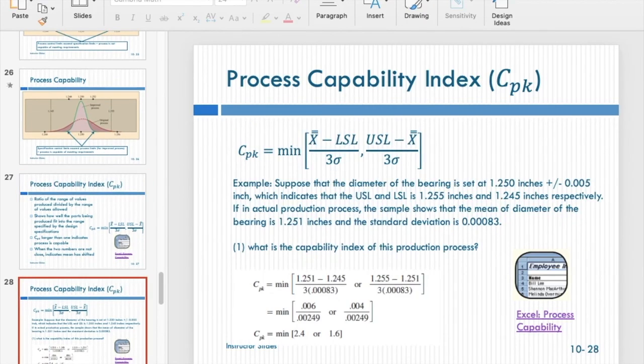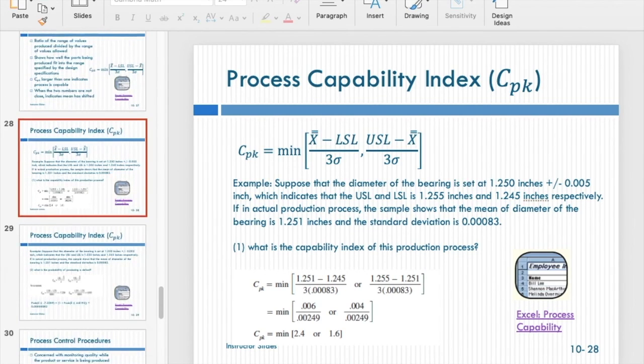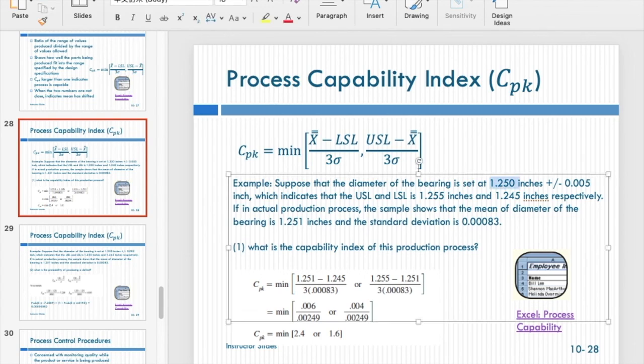Let me give you an example to help illustrate this process, okay. This example is very straightforward. Suppose that the diameter of the bearing is set at 1.25 inches plus or minus 0.005 inches. You are trying to set at 1.25, that's your target, but if it's plus or minus 0.005 inches, it's acceptable.